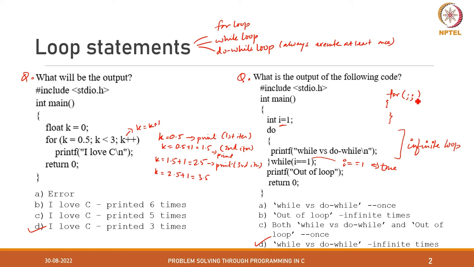You have no initialization part, no conditional part, no increment part, and it will run forever. So this is an example of an infinite loop using a for loop. You can write infinite loops using the for loop, while loop, or do while loop, any of them, but it's not necessary that any do while loop will be an infinite loop.